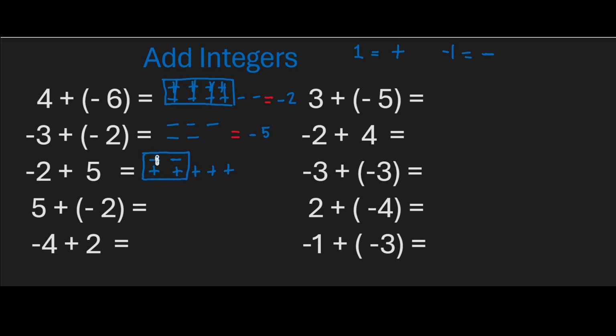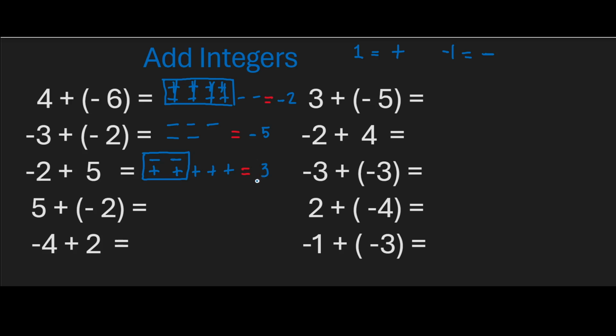So you see this? This is going to cancel. And whatever is left over will be the answer. So in this case, the answer should be 1, 2, 3. That should be +3. Because it's positive, I'm not going to write the plus sign. Whenever you don't see the sign, it means that the number is going to be positive.